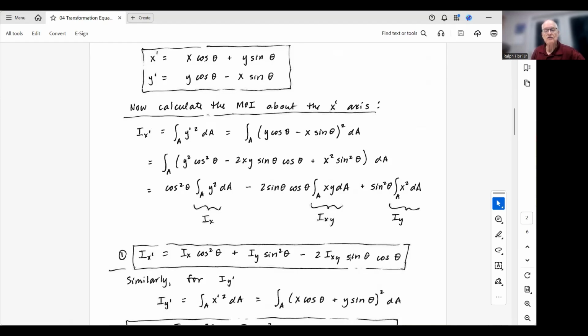Wow. So this is a transformation equation. This takes an original Ix, Iy, and Ixy and lets me calculate a rotated I.